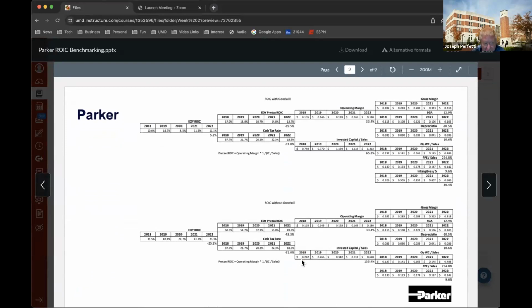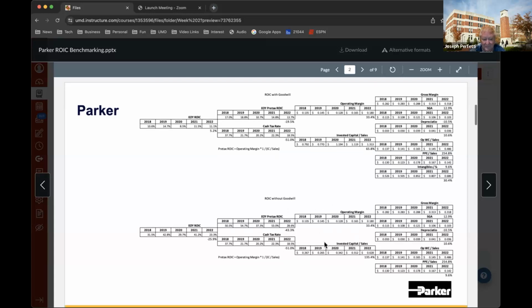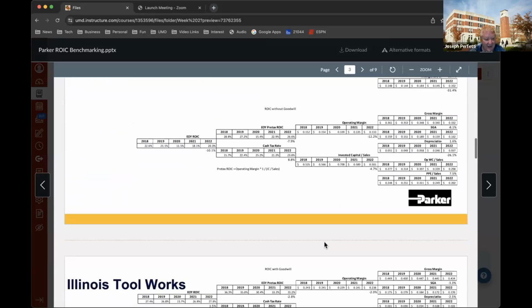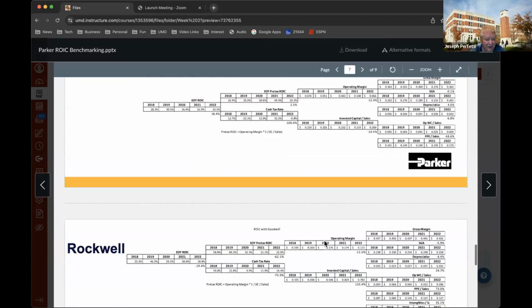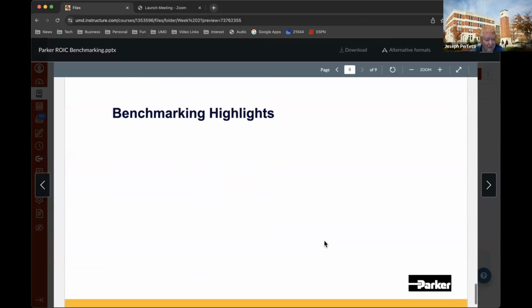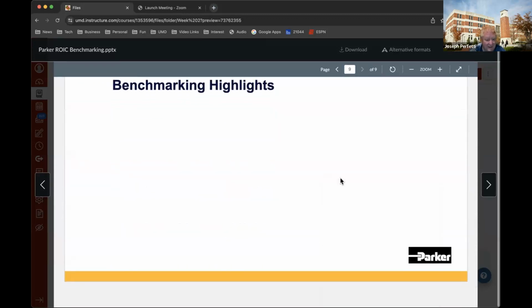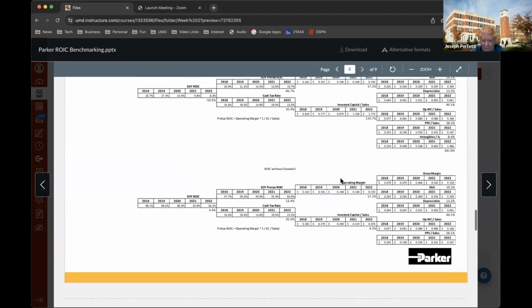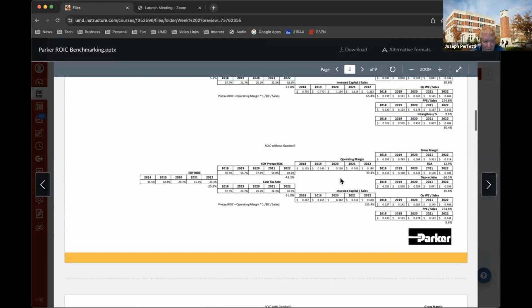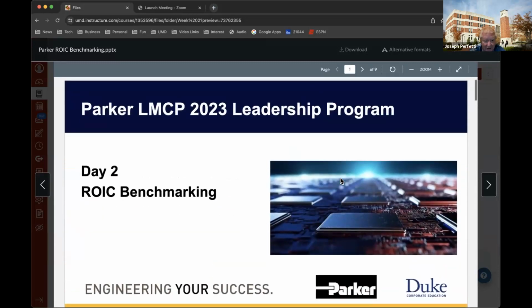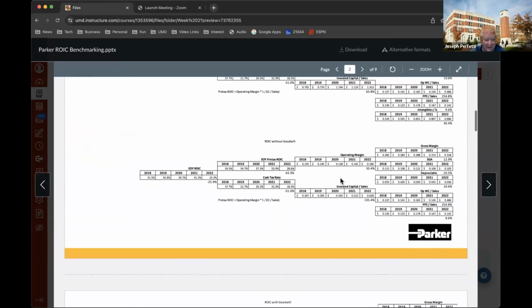These are their peers. Same concept. Top of the chart with goodwill, recalculated without goodwill. These are their competitors: Caterpillar, Illinois Tool Works, Moog, Emerson Electric, Johnson Controls, Rockwell Automation. And again, all public data. Don't worry about the branding. The other groups are going to be working simultaneously.